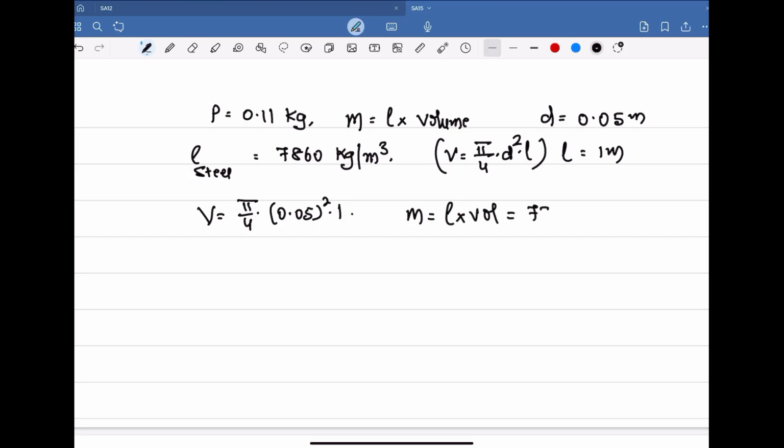That is, rho is 7860 into volume is pi by 4 into 0.05 whole square into 1. Let us do this calculation. Pi divided by 4 into 7860 into 0.05 squared, that is coming to 15.43 kg. This is the self weight of the beam.